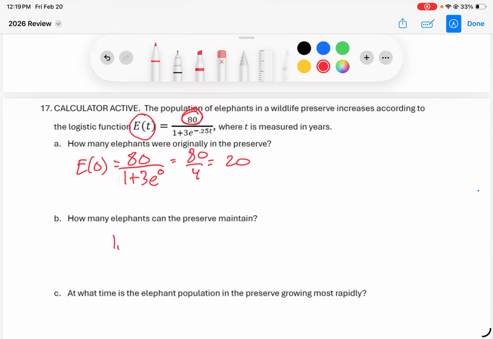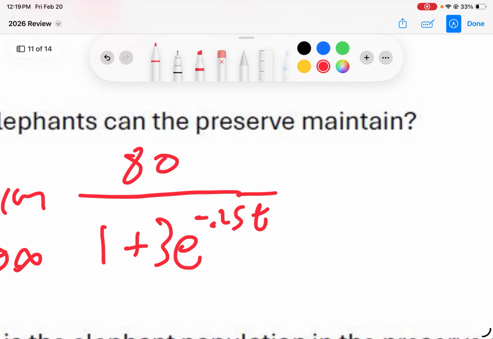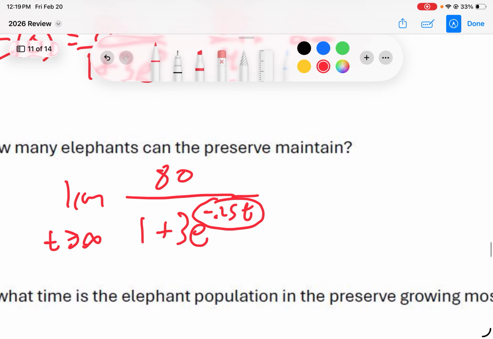But we could also say the limit as t approaches infinity of 80 over 1 plus 3 e to the negative 0.25 t. As t goes to infinity, what's happening? This exponent would be a huge negative number, because a huge number times negative 0.25.